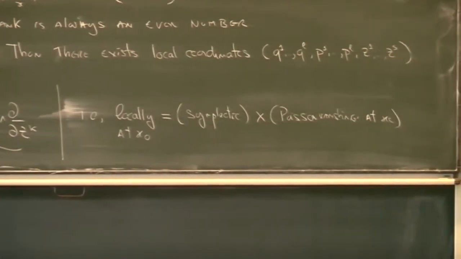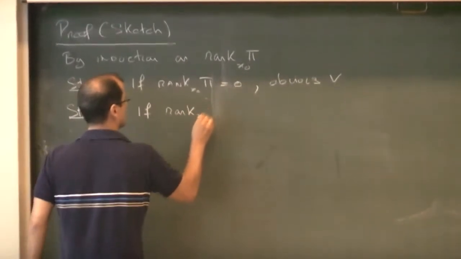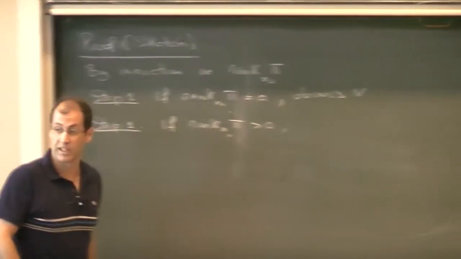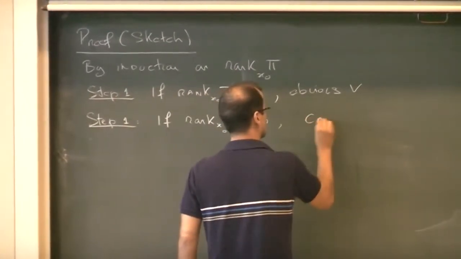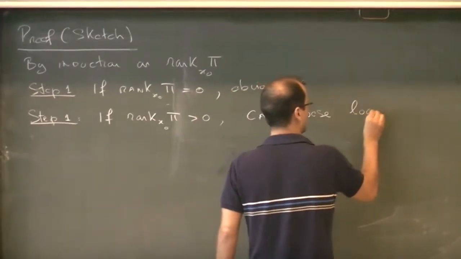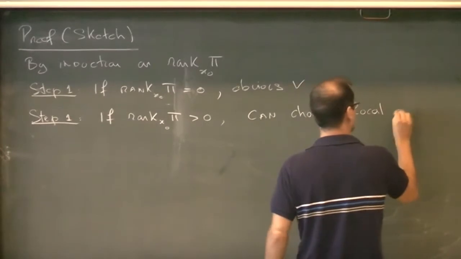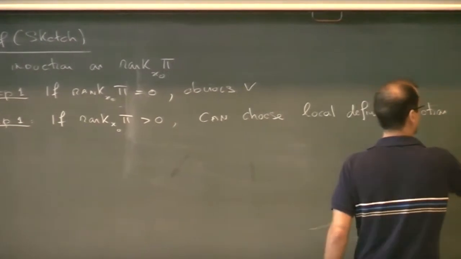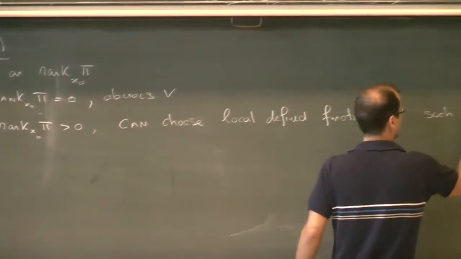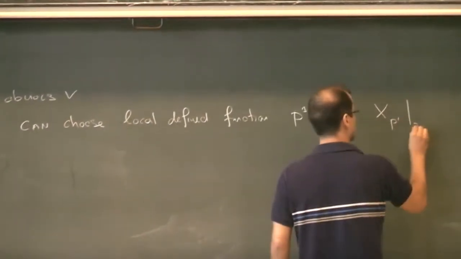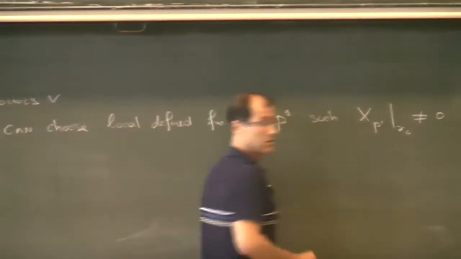So let's assume the rank is greater than 0. Now if the rank is greater than 0, then we can choose a locally defined function around x0, which I'm going to call p1, such that the Hamiltonian vector field associated with that function at the point x0 is non-zero. Okay?